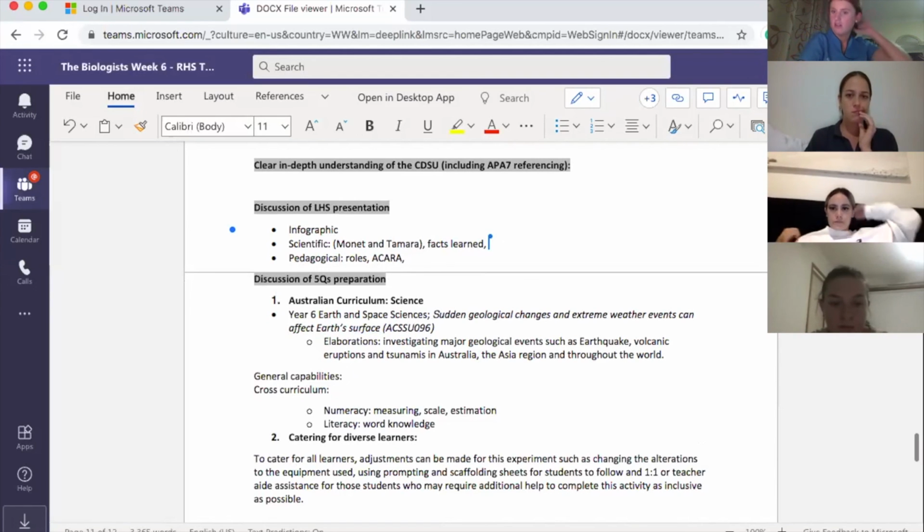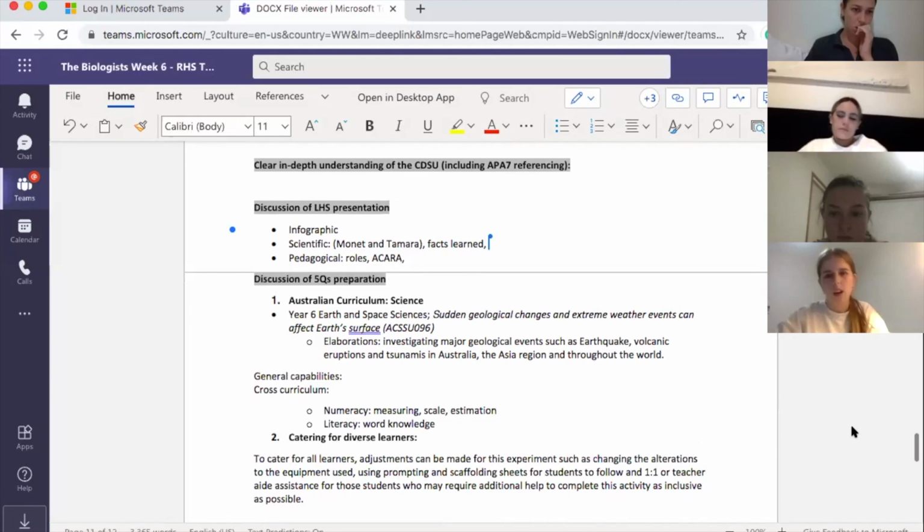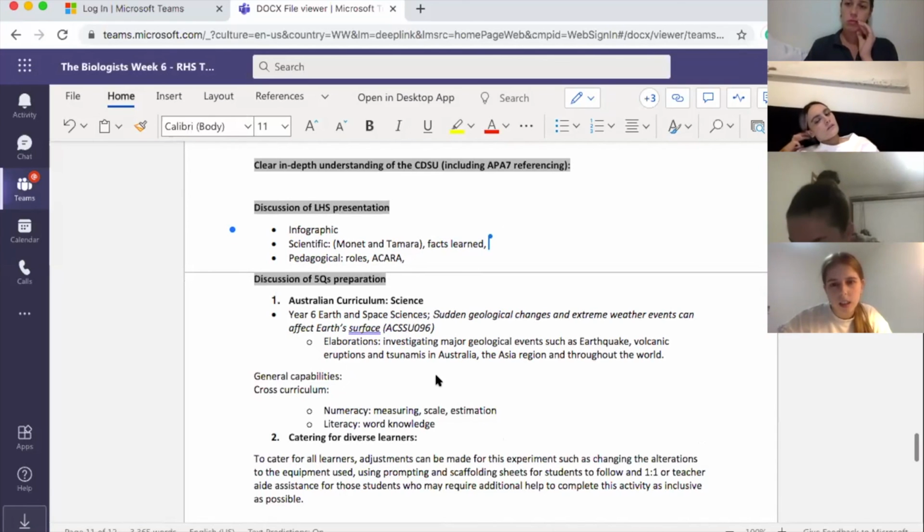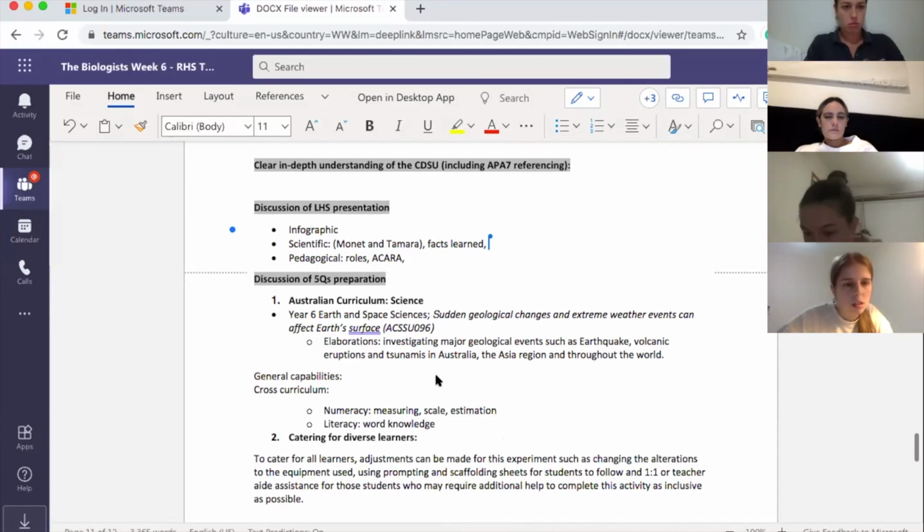Literacy, critical and creative thinking, numeracy. Hang on, let me see if this will fix it. It just came up. Numeracy, literacy. It's there, I just changed it.